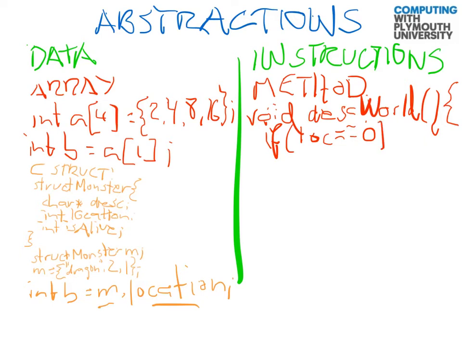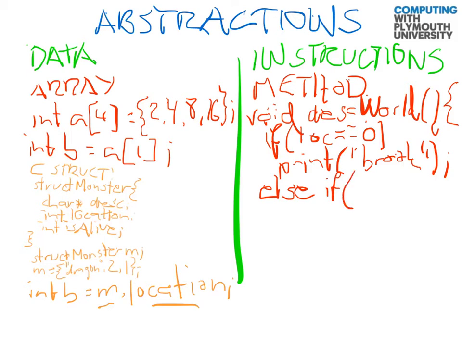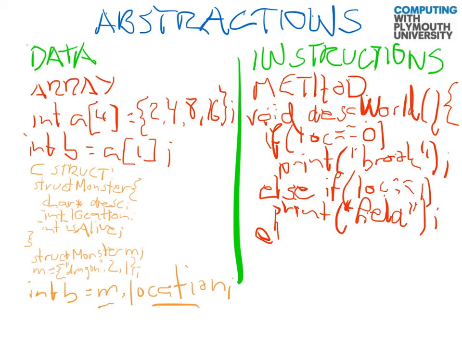It's going to print Brook, else if it's not 0, then if it is 1, it's going to print field, and if it's none of those recognized ones, then it's just going to print that we're lost.